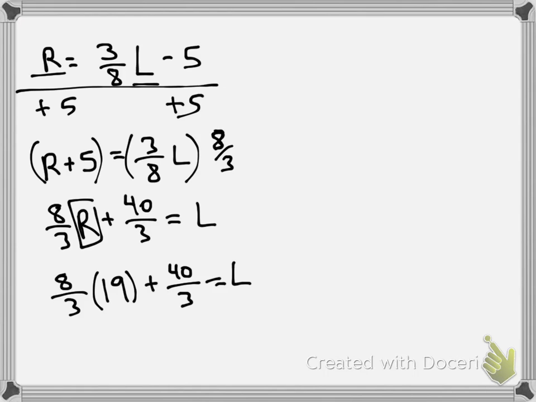And this just makes it easier finding the inverse, just so you don't need to do extra steps in solving for your resistance. All you do is plug in your resistance right here, and then bam, you get an answer. So once you multiply all this out and then add that 40 over 3, you end up getting 64 is equal to L. And that's going to be the length of your band with the 19 pounds of resistance.